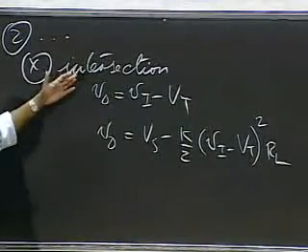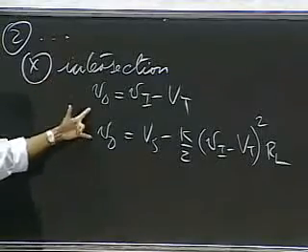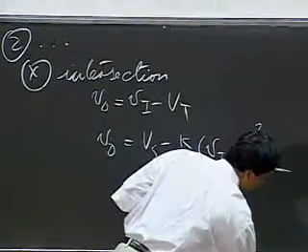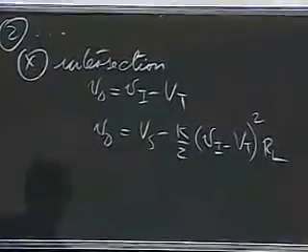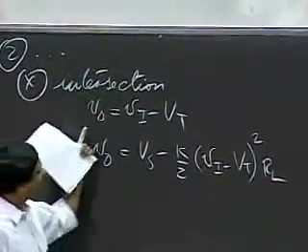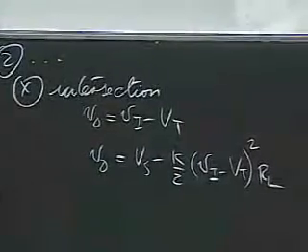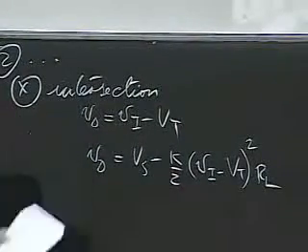So the point X is at the intersection of these curves, and I can very easily get that as follows. I'll simply substitute for Vi minus Vt from this equation here and then solve for it.